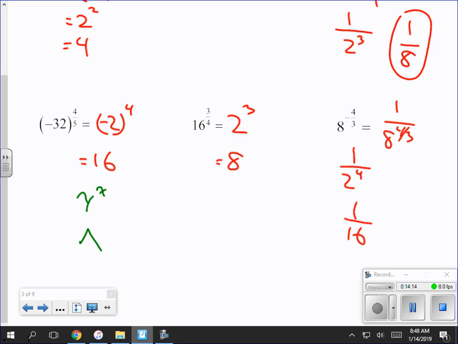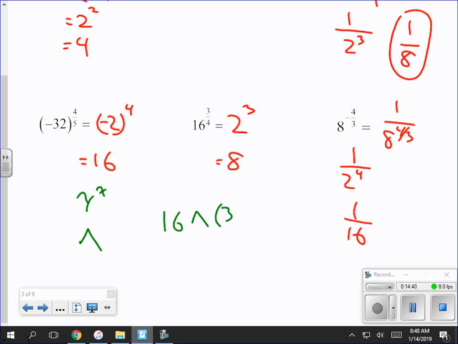And let's say I wanted to do 16 to the 3/4 power. You can do that on your calculator. Type in 16, and I believe the ones that I have here are the caret keys. And then you do the exponent, 3, and there's 2 ways to do fractions on here.